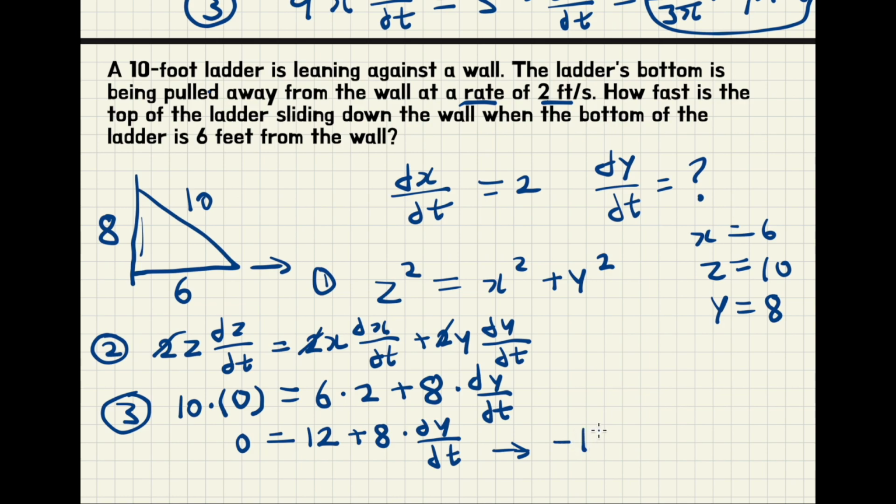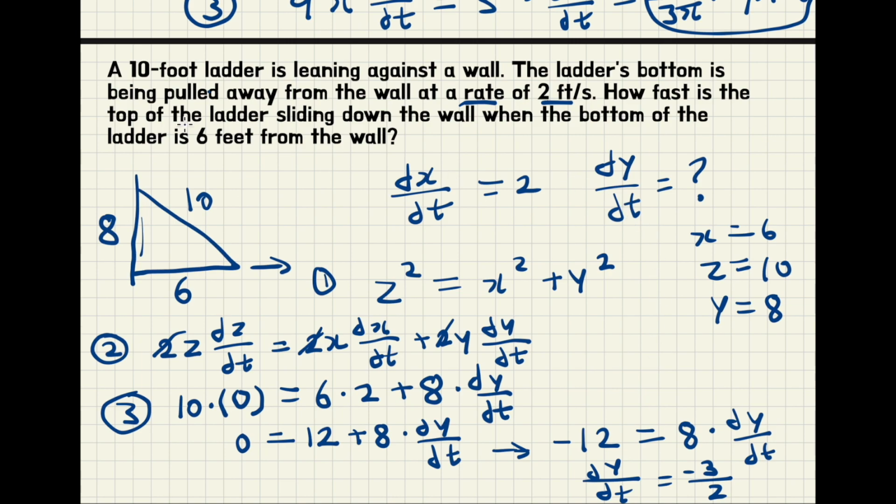We get negative 12 equals 8 times dy/dt, and dy/dt is equal to negative 12 over 8, which is also negative 3 over 2, right? Negative 3 over 2.